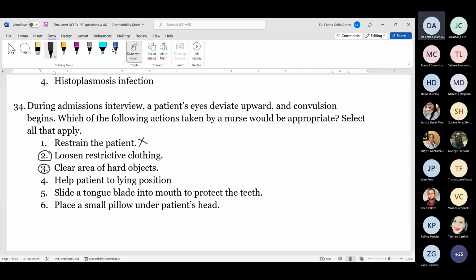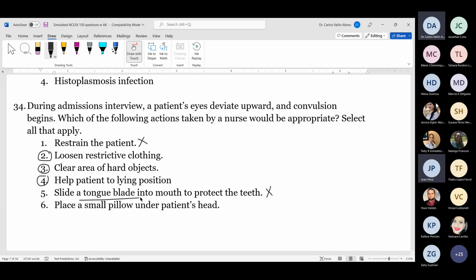So in the jerking, in the movement, the patient is not traumatized. Help the patient to a lying position? Yes, because if the patient is starting to have the seizure and is standing, they are going to fall and have trauma. Slide a tongue blade into the mouth to protect the teeth? No, no. You put your finger, no, a tongue blade?